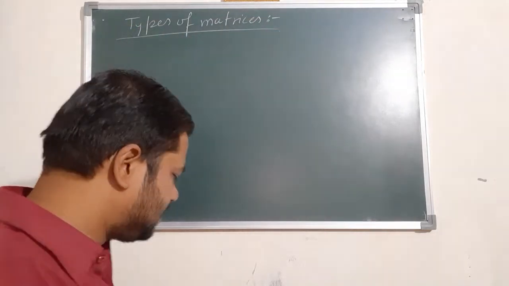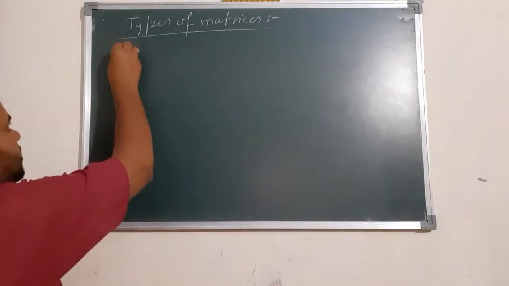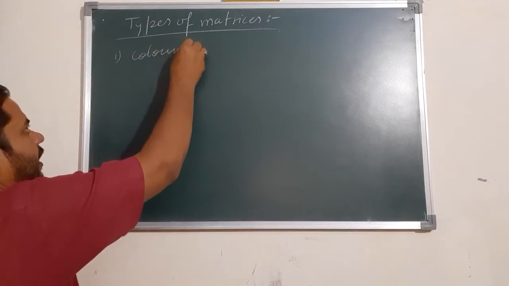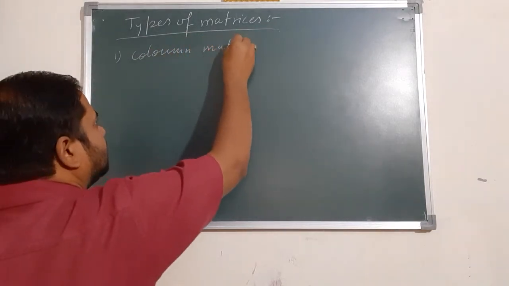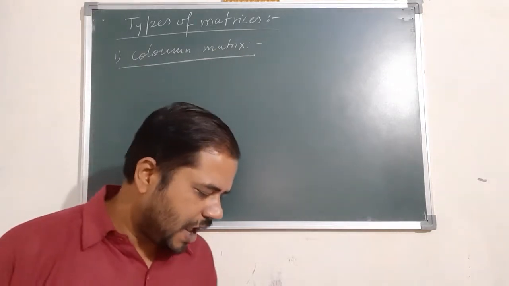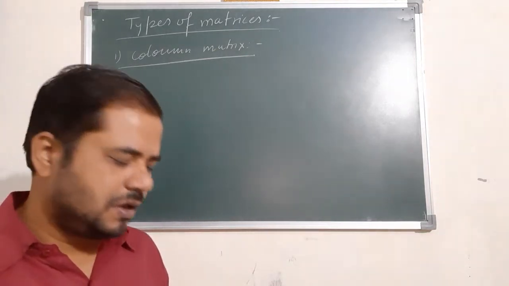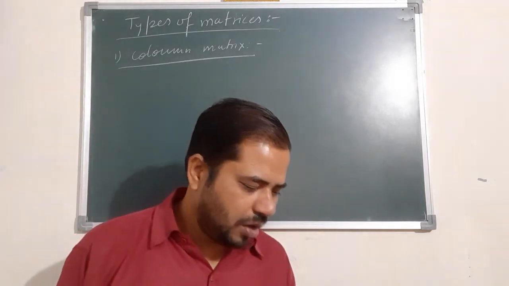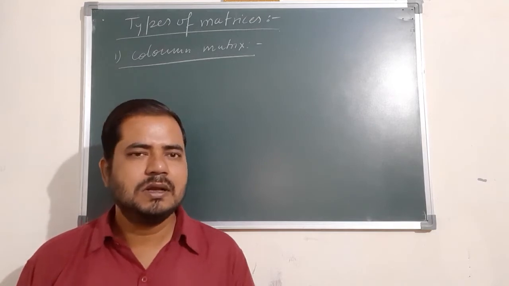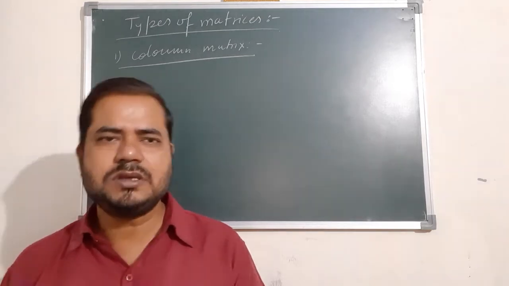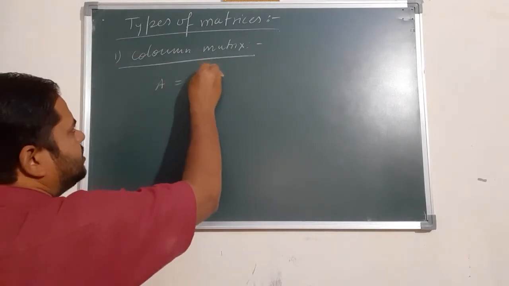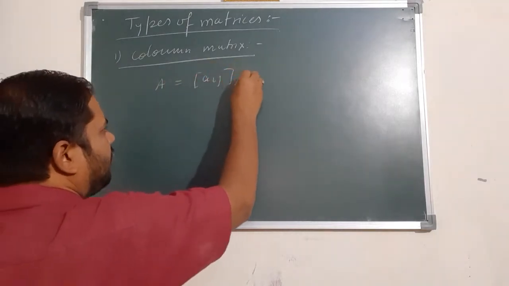The first one is column matrix. So what is column matrix? If we have a matrix which has only one column, that means there are so many rows but the column is one. Suppose A is equal to [Aij] m cross n.